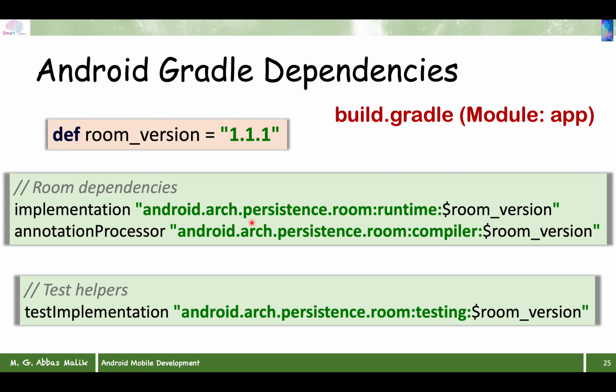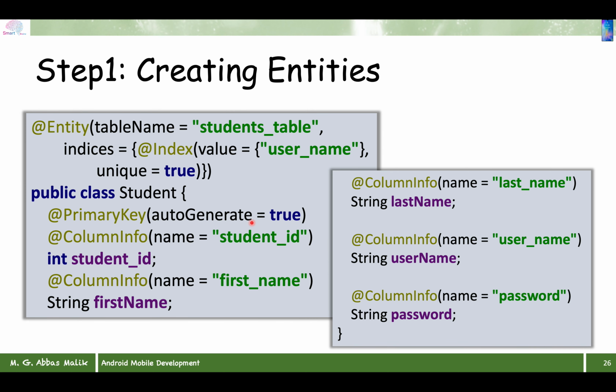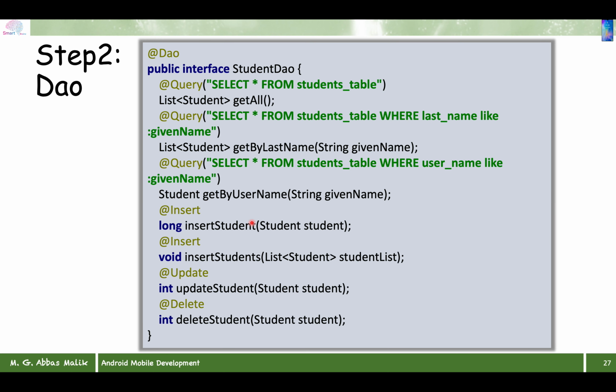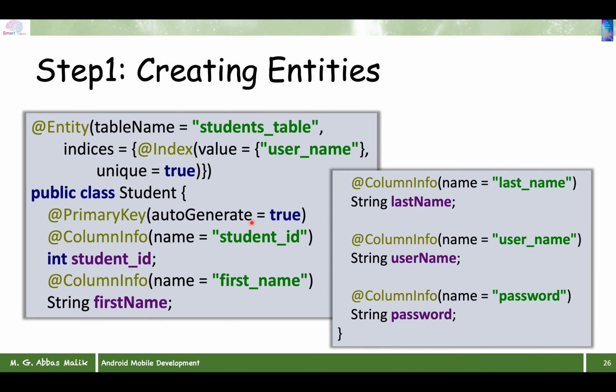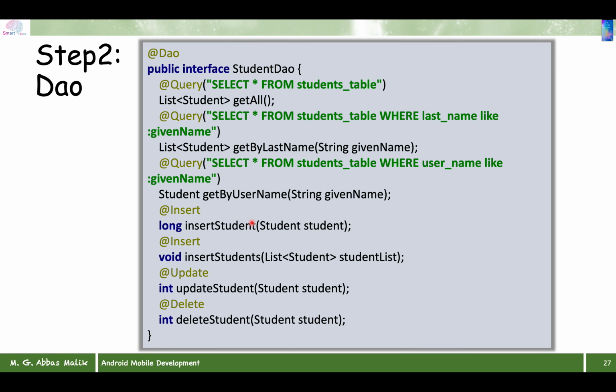Second thing is we need to create the entities, the third thing is we need to create the DAO, data access objects, and the fourth step is we create the database. So first we are creating the database design. We are providing the table definition in terms of a class with the annotations, of course. And then we are providing the DAO, how we are going to communicate with that specific table that we have defined in the entity.